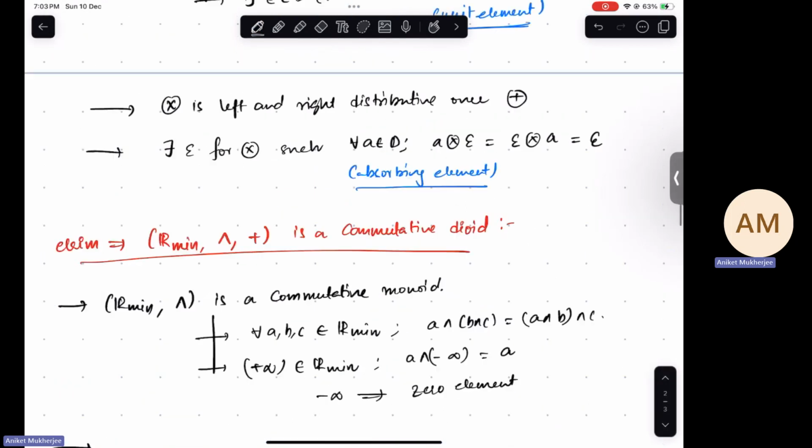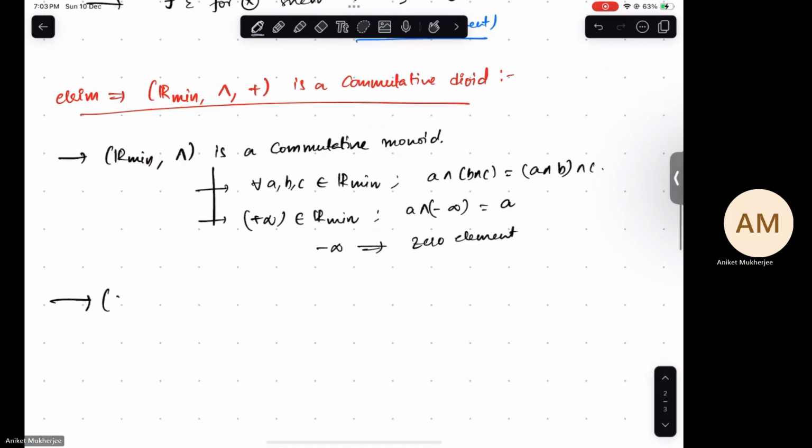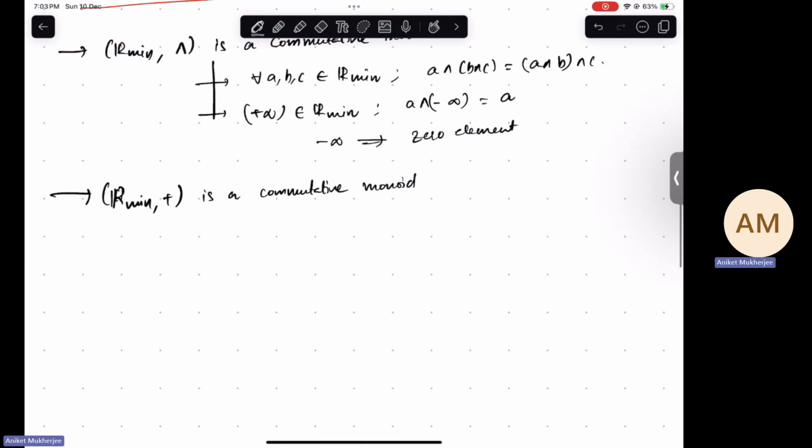So next we'll show that R min plus is a commutative monoid, right? So you have for all a, b, c belonging to R min, (a plus b) plus c equal to a plus (b plus c).